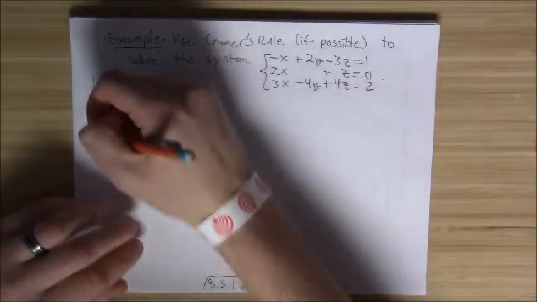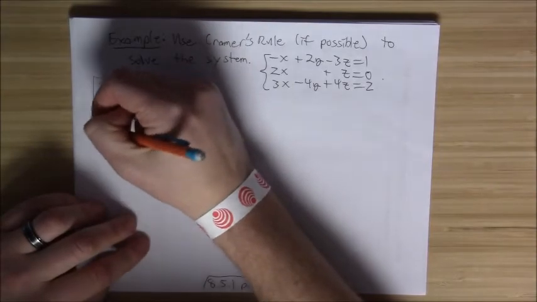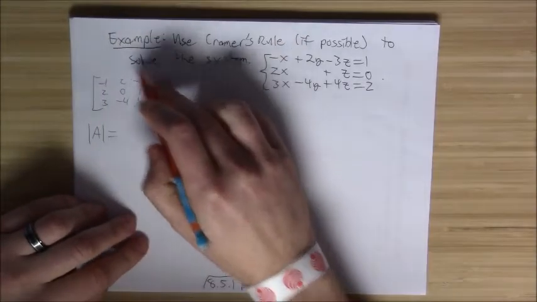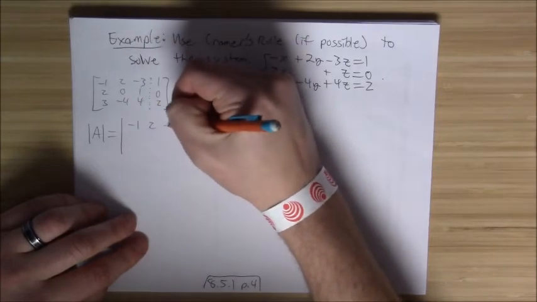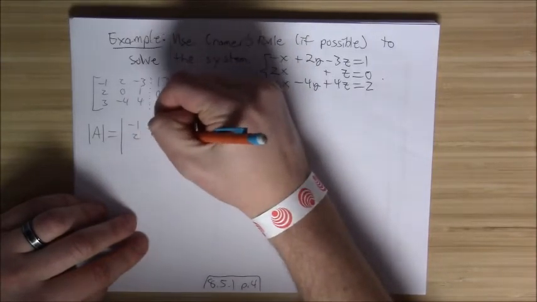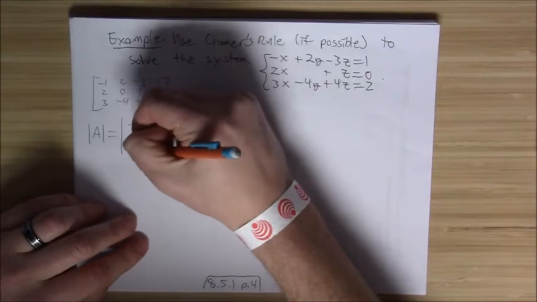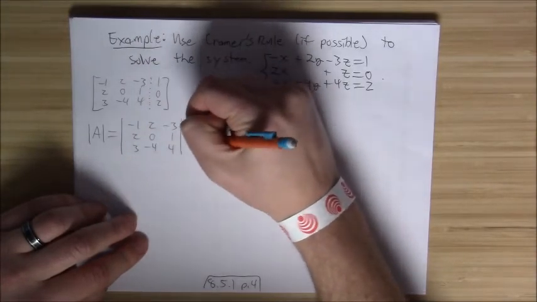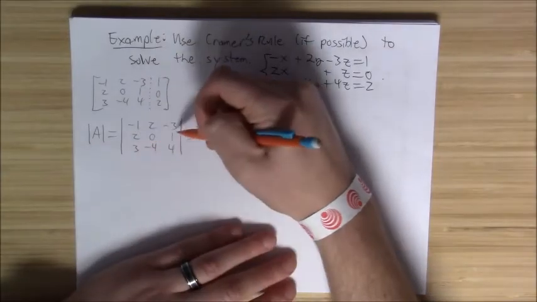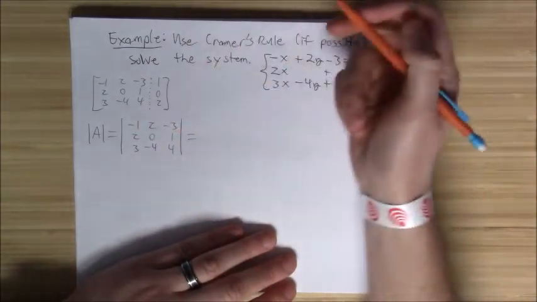And here we'll go ahead and calculate the determinant straight off. So the determinant of A is just the determinant of negative 1, 2, negative 3, 2, 0, 1, 3, negative 4, 4. Doing that determinant, I'm going to expand along the middle column.